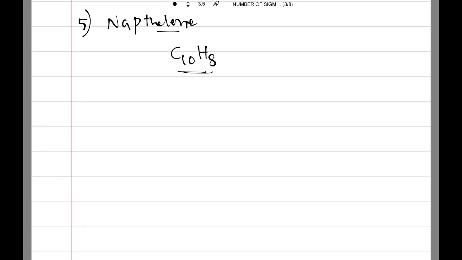If you come to bicyclic compounds, I am taking naphthalene as an example. What is the naphthalene formula? C10H8. So how many sigma and pi bonds are present? Number of sigma bonds is equal to 18, the total number of atoms. Number of pi bonds, as per the formula: the number of carbon atoms is 10, so 2 into 10 minus the number of hydrogen atoms, 8, by 2 minus 1.